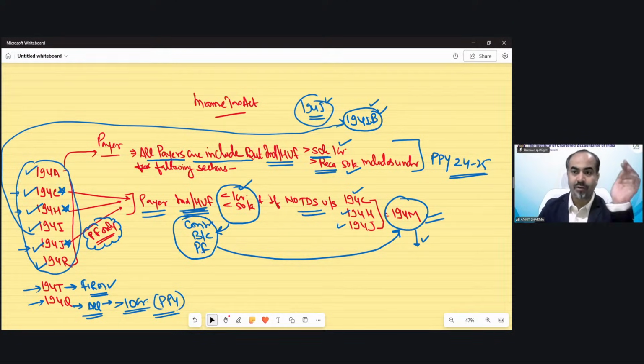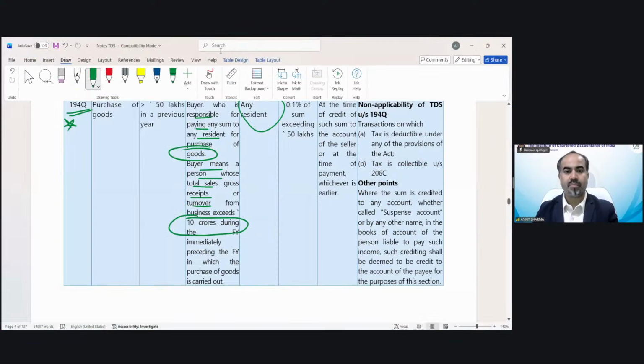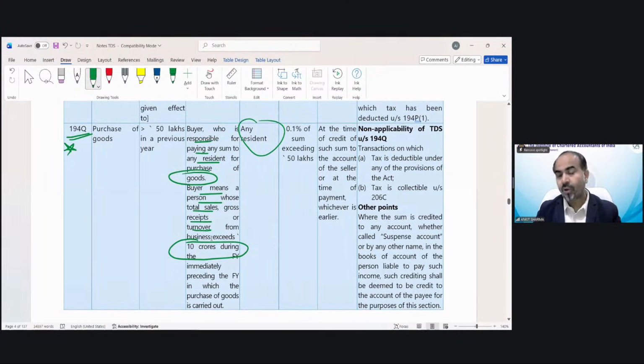So generally the requirement is more than 1 crore or 50 lakh, but for section 194Q the payer must have turnover exceeding 10 crore in the preceding previous year. If it is not more than 10 crore, no TDS requirement.